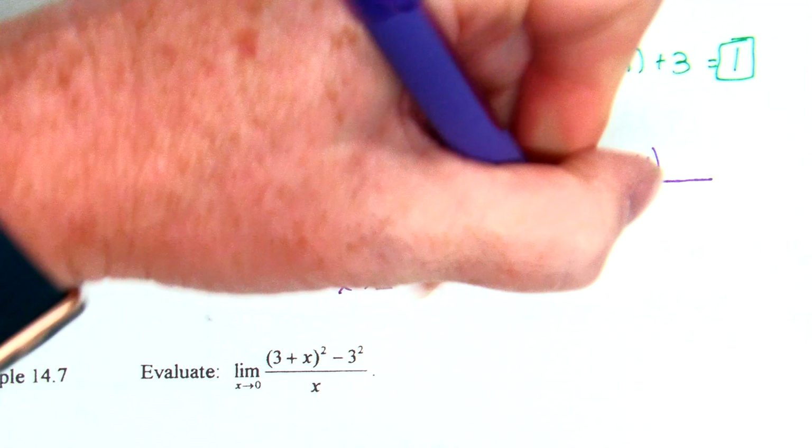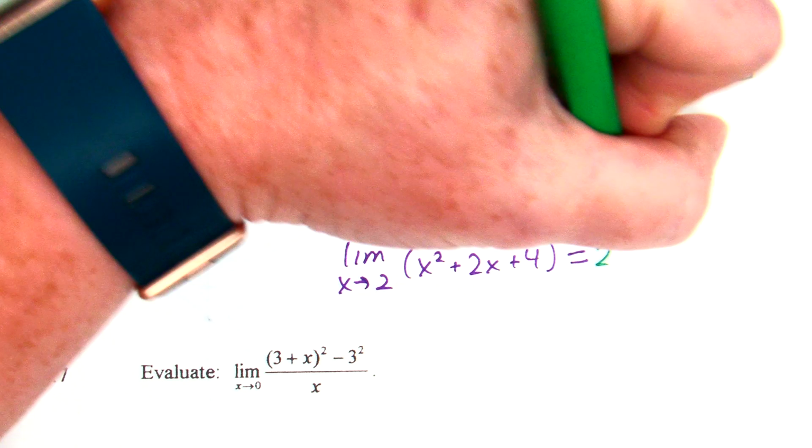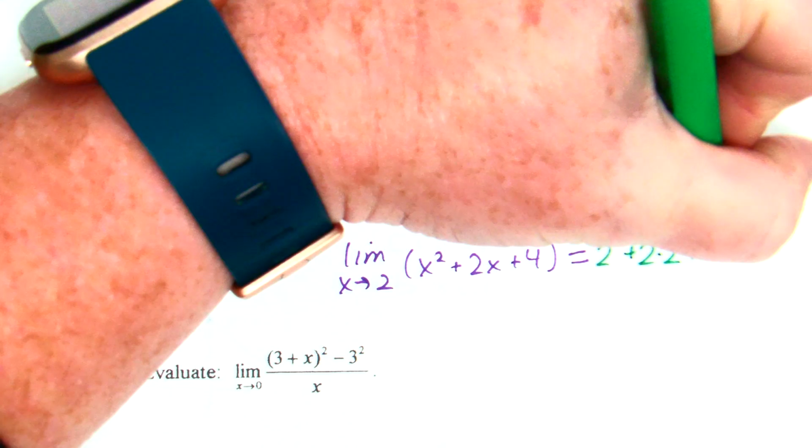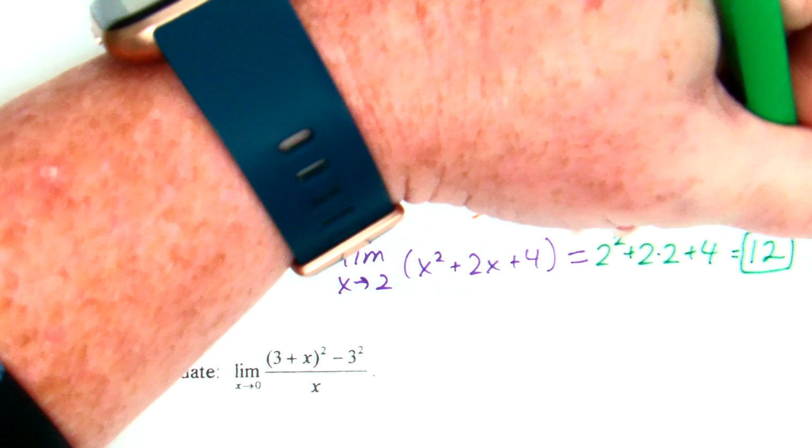Limit as x approaches 2 of x squared plus 2x plus 4. Notice I used parentheses around a quantity with multiple pieces, just indicating the limit goes with the whole thing, not just the x squared. But yep, plug them in. 2 squared plus 2 times 2 plus 4 is 12.